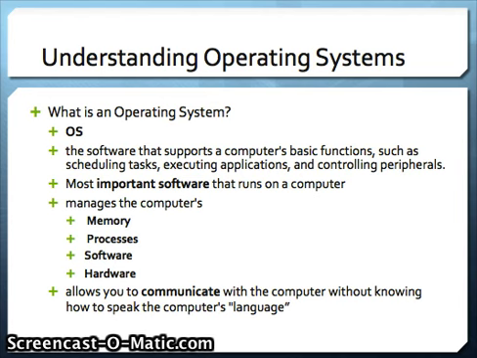Most importantly, the operating system is probably the most important software that runs on a computer because it manages the computer's memory, it processes data, and it also controls the software and the hardware. The operating system allows you to communicate with the computer without knowing how to write the code or speak the computer's language, for example.